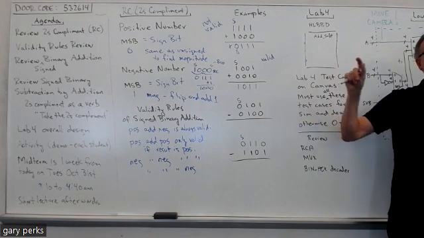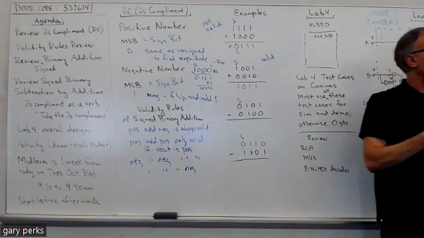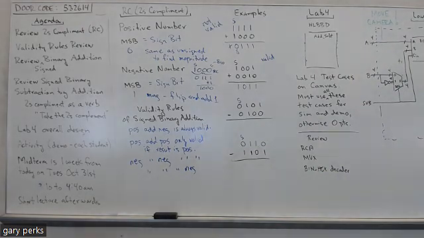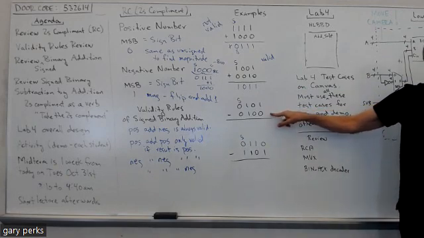Remember last class how I talked about two's complement having two meanings? It has the meaning of a noun, which is what you look at on the handout. You look at this column that gives the values. That is two's complement as a noun. Two's complement as a verb, take the two's complement, is what we do to this second number. It negates it.